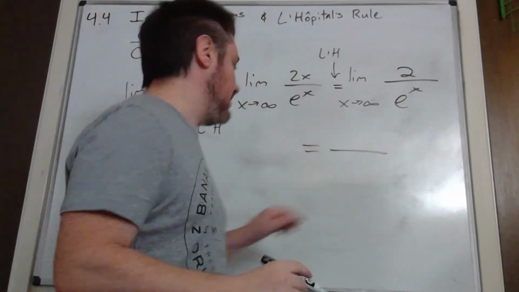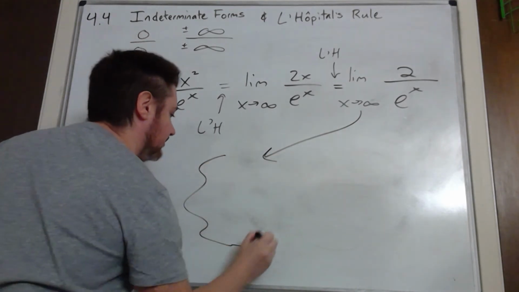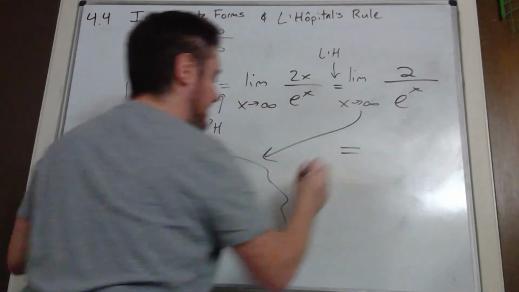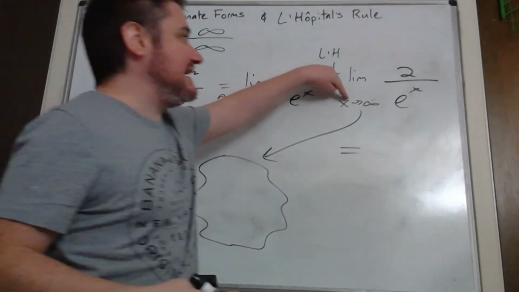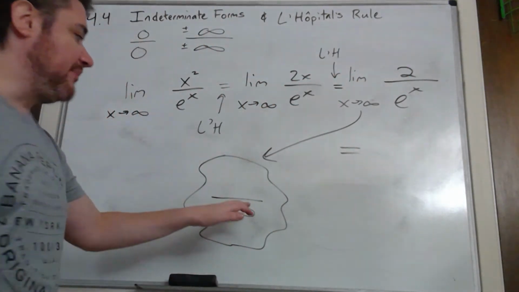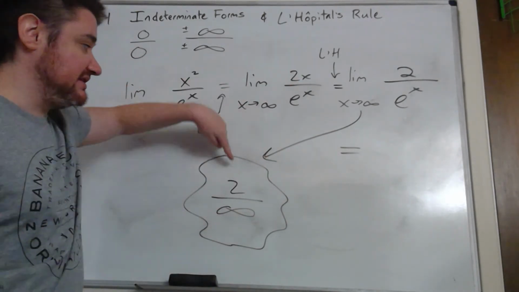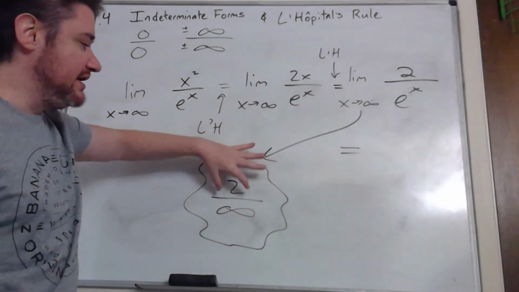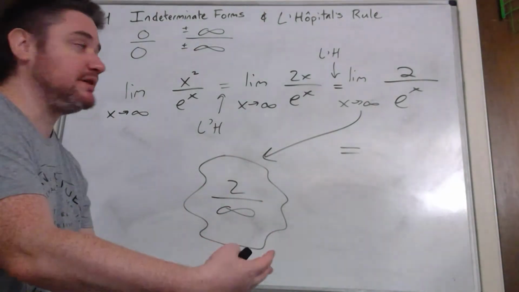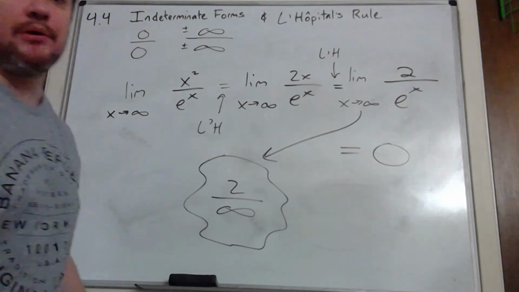Let me use my little thought bubble, because I want to claim what this limit is going to equal. As x gets really large, the bottom is getting really large. So the bottom is growing, the top is 2. As x goes off, the 2 is staying as 2. So you've got a fixed number divided by something that's growing and growing and growing. So the result is shrinking and shrinking and shrinking. And so we get 0 as our limit.